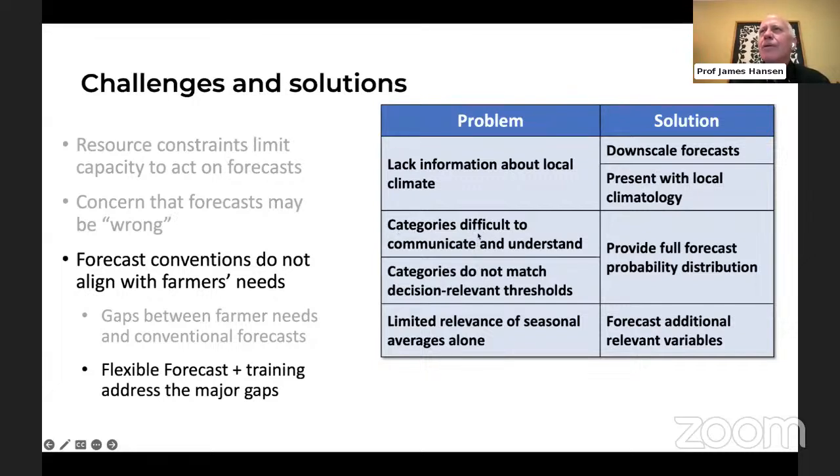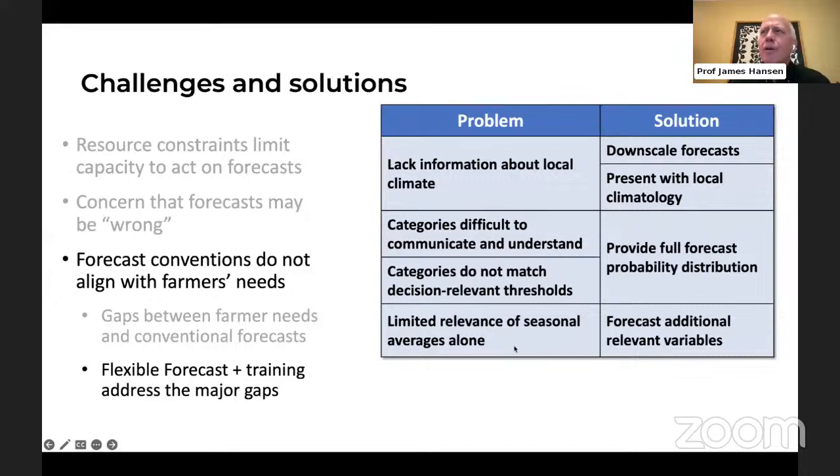Confusing categories, the trouble processing them, the fact that the categories suggest thresholds that are not relevant to decision makers. Well, if the farmer is given the forecast as an entire probability distribution compared to the probability distribution of historical variability, that can overcome those problems about categories.